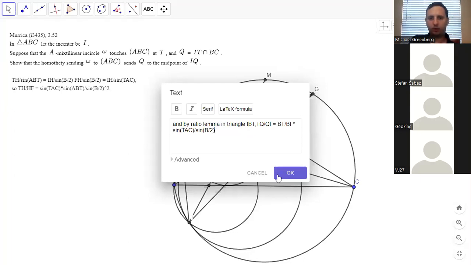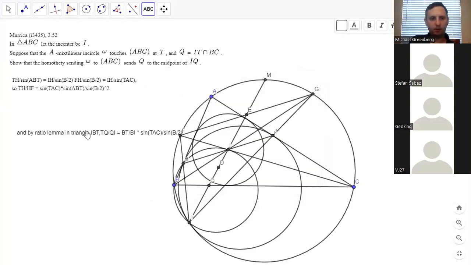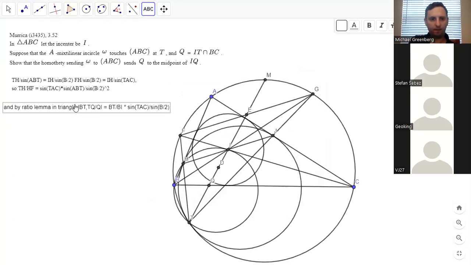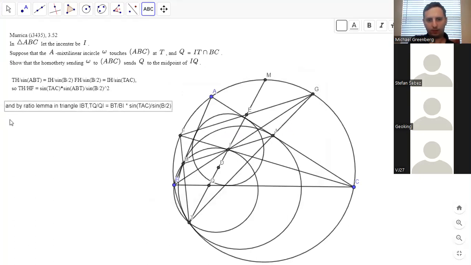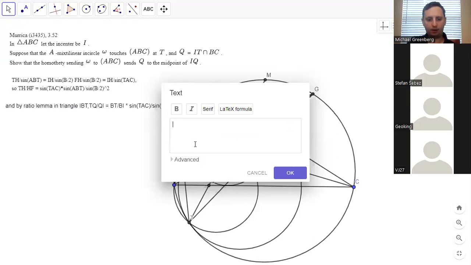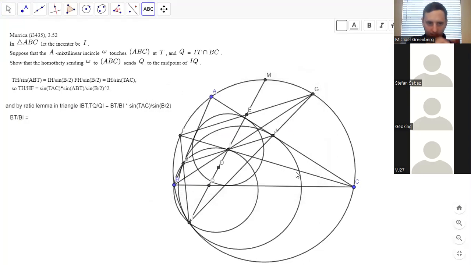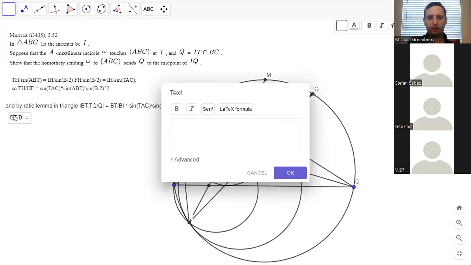Okay, and then we're going to try to get BT over BI. So we have BT over BI is equal to sine BIT over sine BTI.